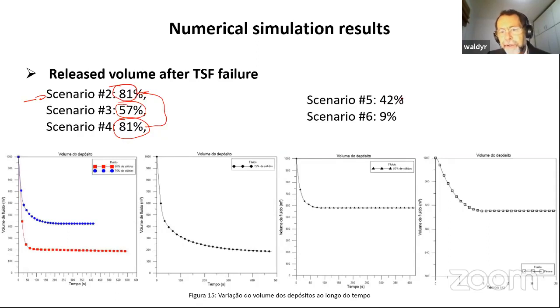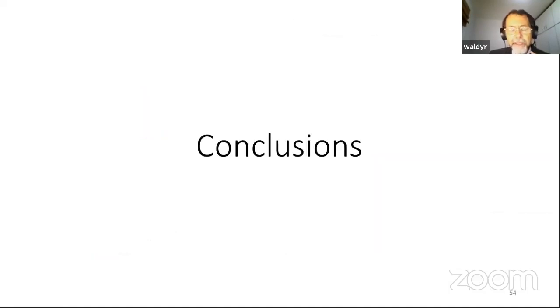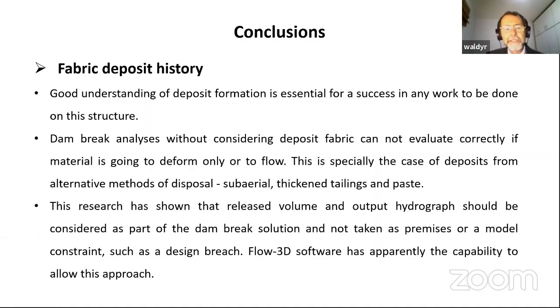The fifth scenario, the one that has 80%, you have 42% of material that was released. And the last case with my students was just 90% of the material went beyond the foothill of the initial tailings deposit. So let's move to the conclusions.